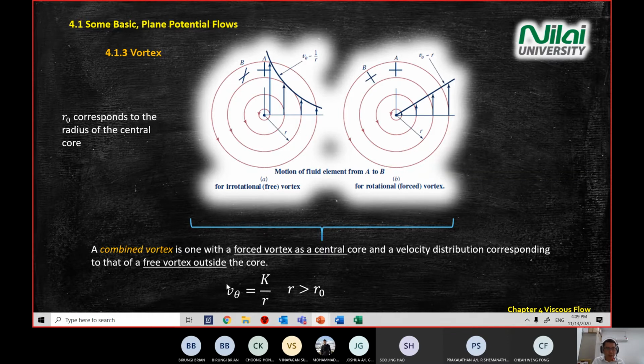If you have a combined vortex, our equation is V theta equals K divided by R. So our R here must be more than R0. The mathematical model will tell you that as it gets near the center, you have an infinite value. So be careful if you want to calculate the combined vortex. Your R component here must be more than the center, R0.